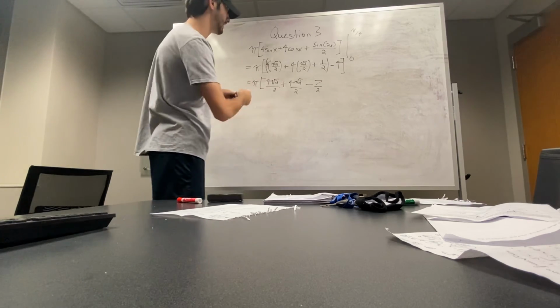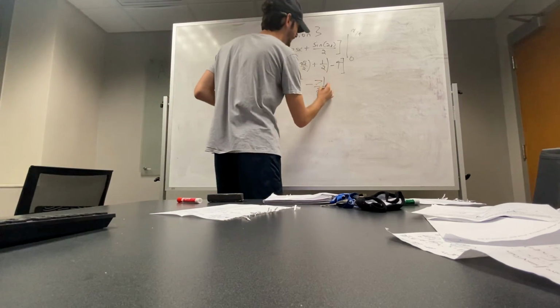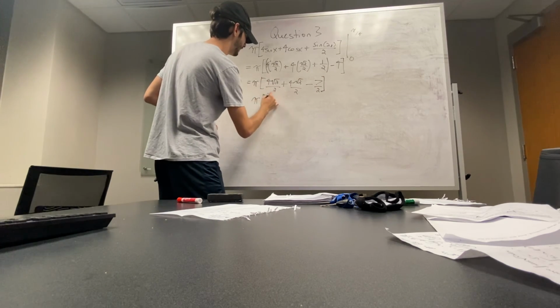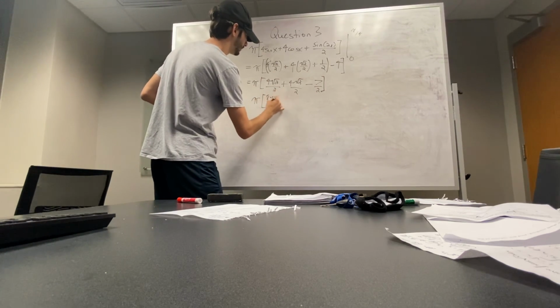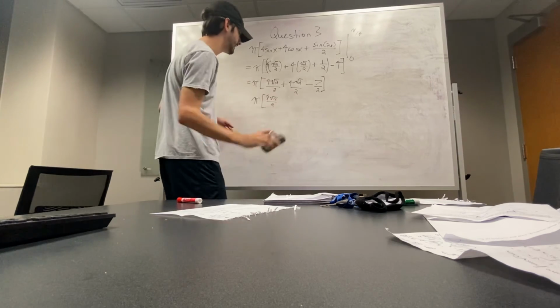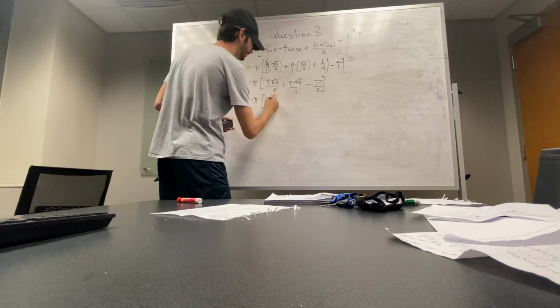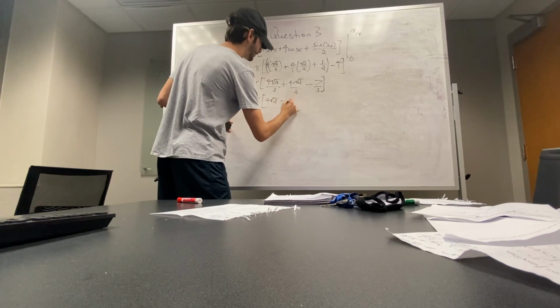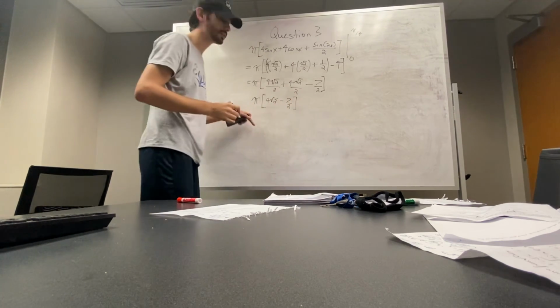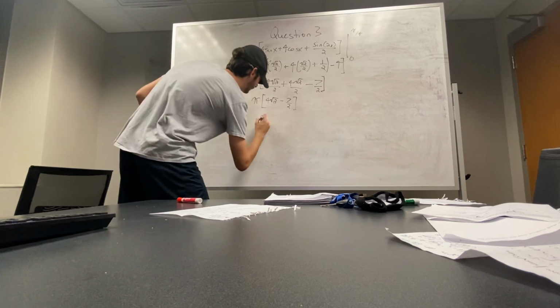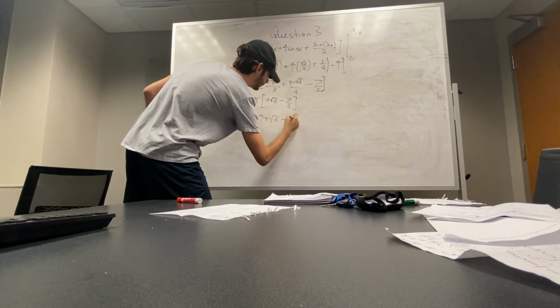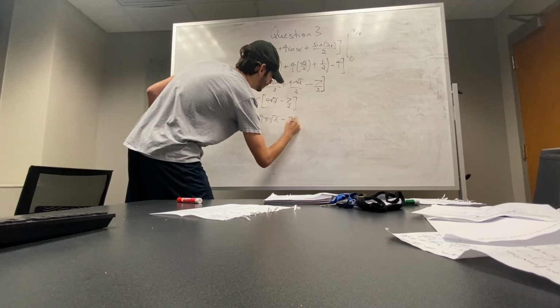And then we can add these two terms together because they're alike, and that's going to give us pi times 8 square root of 2 over 2, which simplifies to 4 square root of 2 minus 7 over 2. And then we just distribute the pi to both sides, and that's going to give us a final answer of 4 pi square root of 2 minus 7 pi over 2.